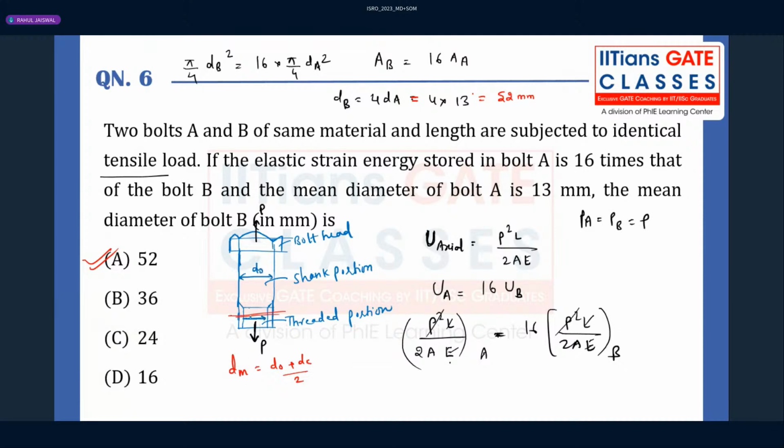This would be the core diameter. Whatever is here is the mean diameter. Sometimes we also call that the pitch diameter, right?